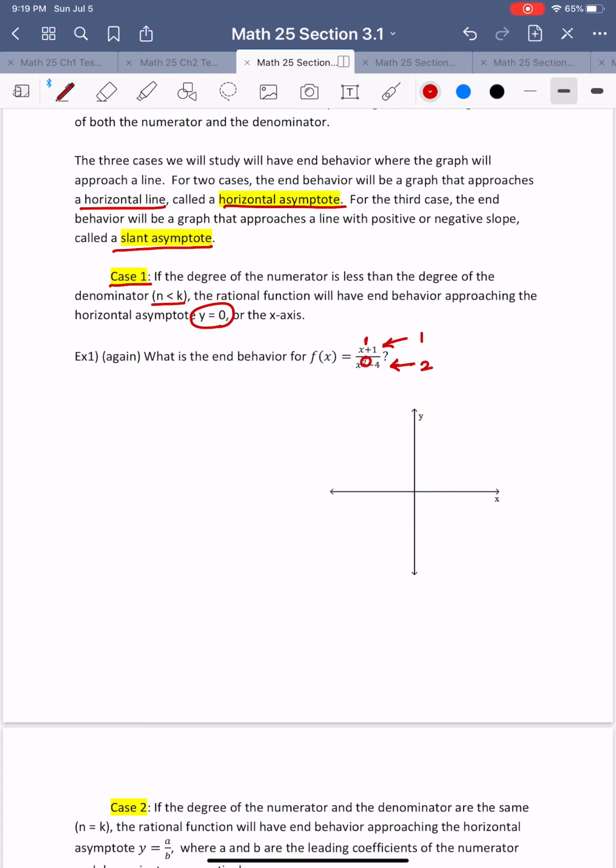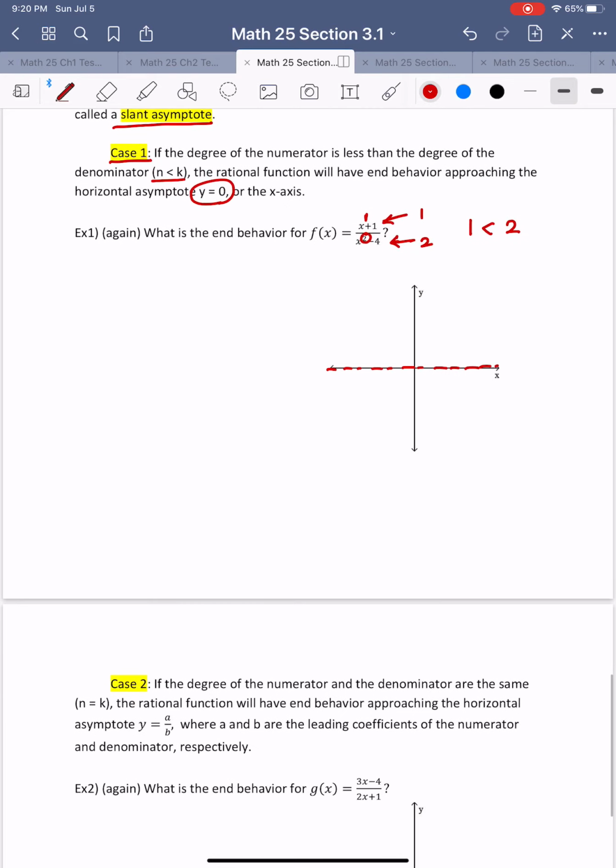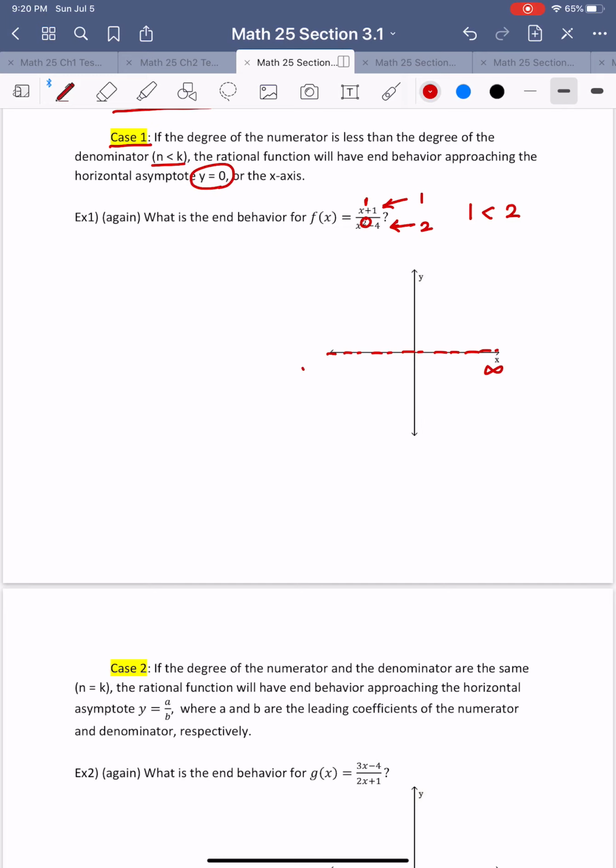When I compare, 1 is less than 2, which means we get the horizontal asymptote y equal to 0. So when x approaches positive infinity, f of x goes to 0, and as x goes to negative infinity, it also goes to 0.